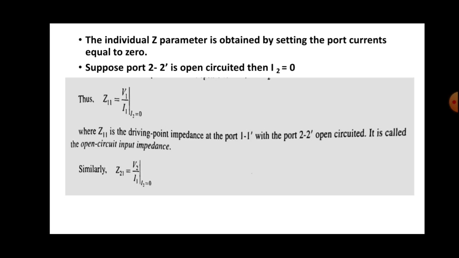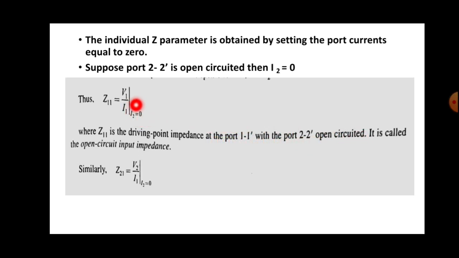In that case, Z11 will become V1 by I1. You know that V by I is impedance. So this Z11 is the driving point impedance at port 1-1' with port 2-2' open circuited. That is the meaning of this equation.